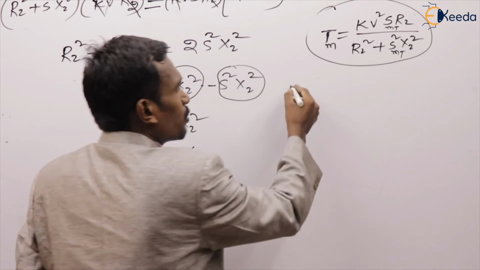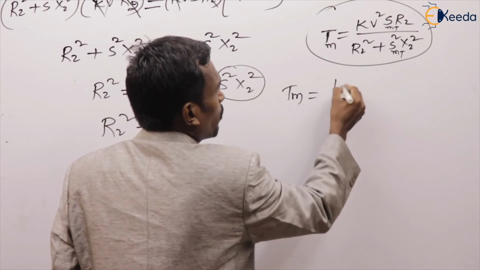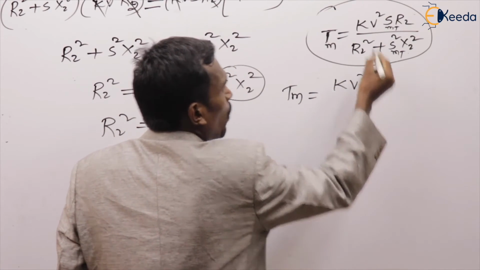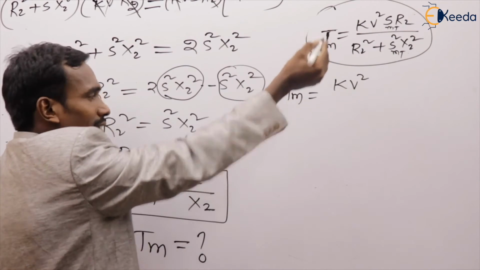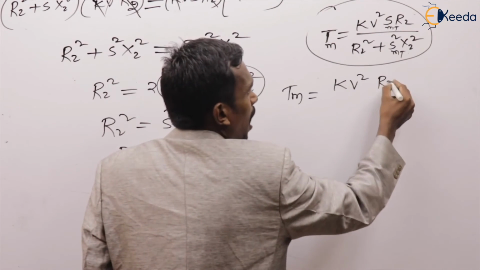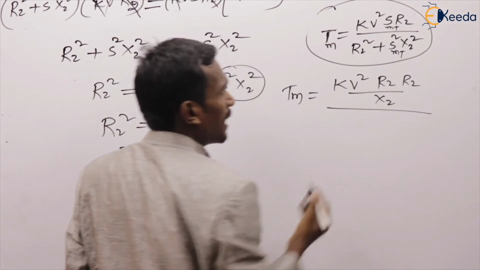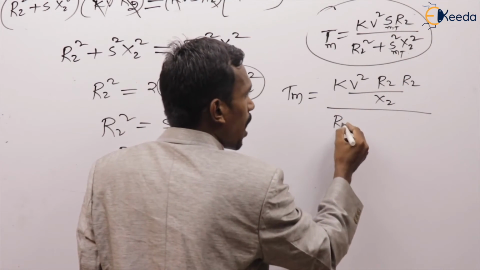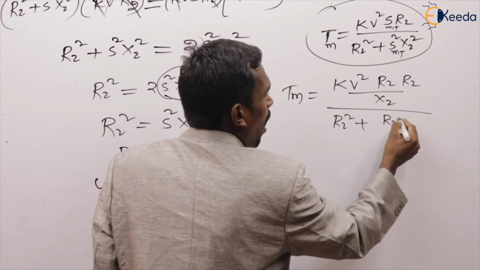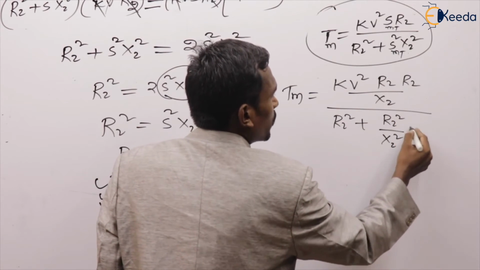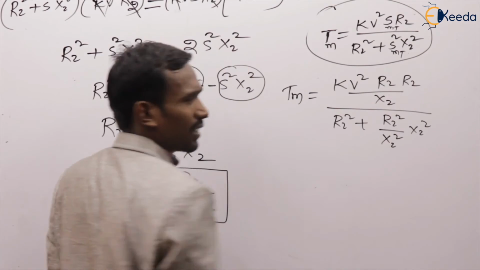R2 by X2. Now tell me what is Tm? Tm is equal to Kv square into S, the slip at maximum torque, SMT, that is R2 by X2, into R2 divided by R2 square plus R2 square by X2 square into X2 square.